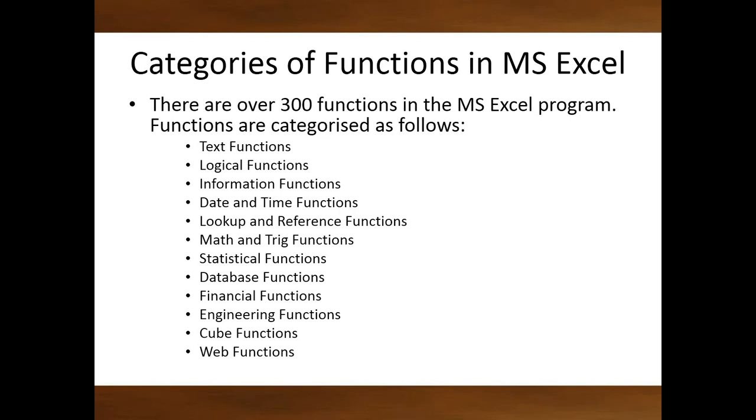We have text functions, logical functions, information functions, date and time functions, lookup and reference functions, math and trig functions, statistical functions, database functions, financial functions, engineering functions, cube functions, and web functions.